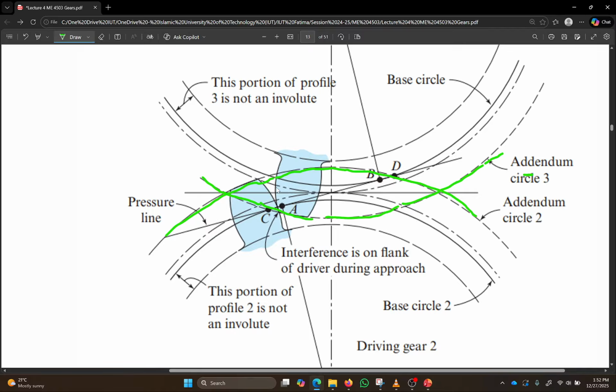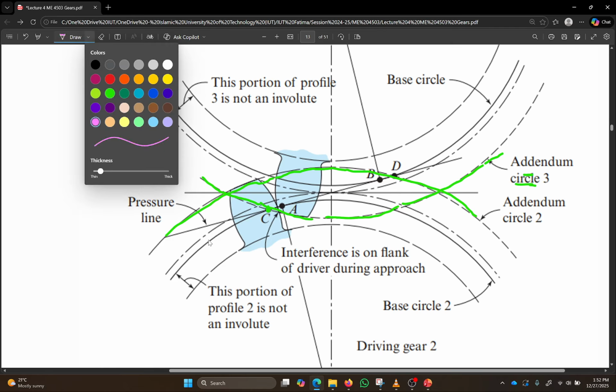You will notice that opposite addendum circles match at one point. So the addendum circle of gear 3 somehow at one point coincides with the base circle.